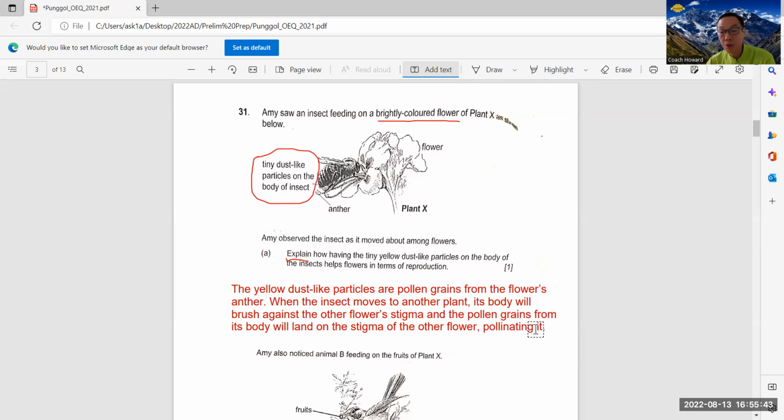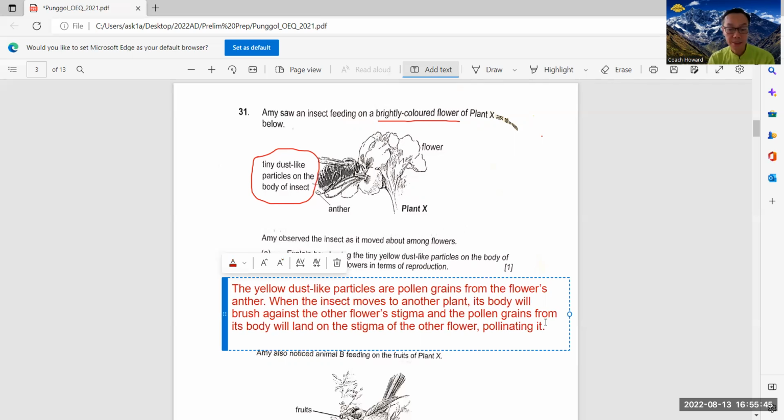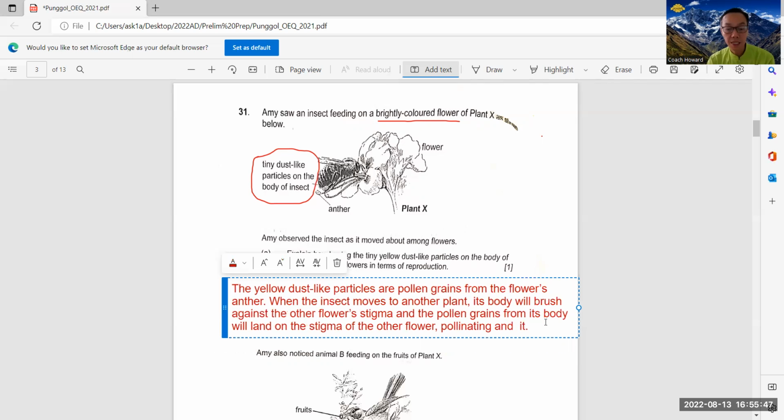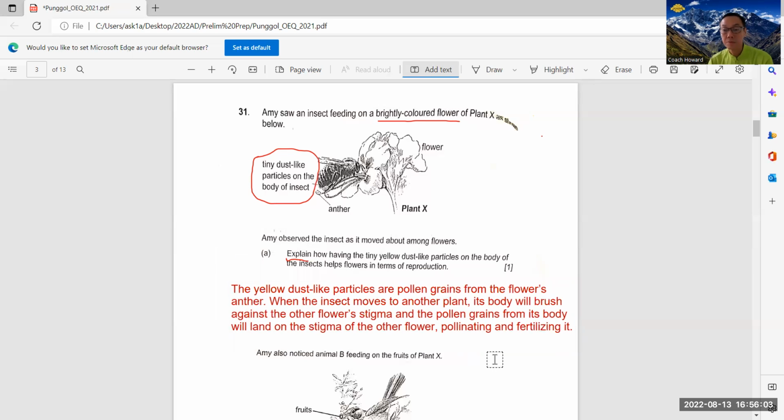Yeah, pollinating and fertilizing it. Okay, so this part. So you identify this part.